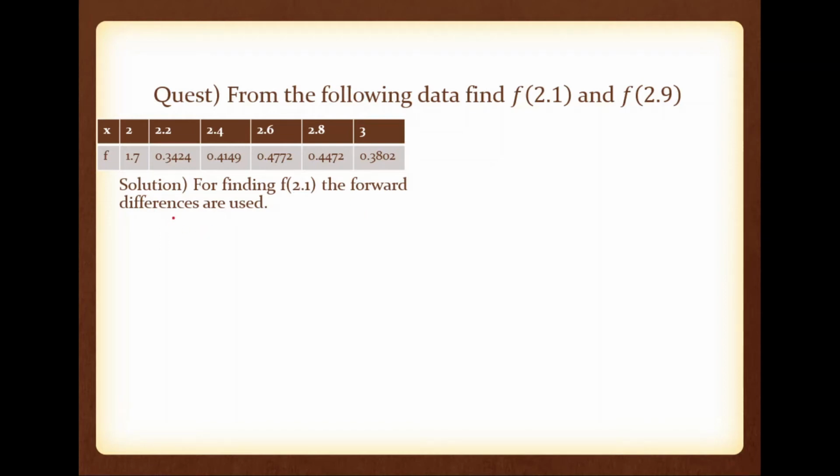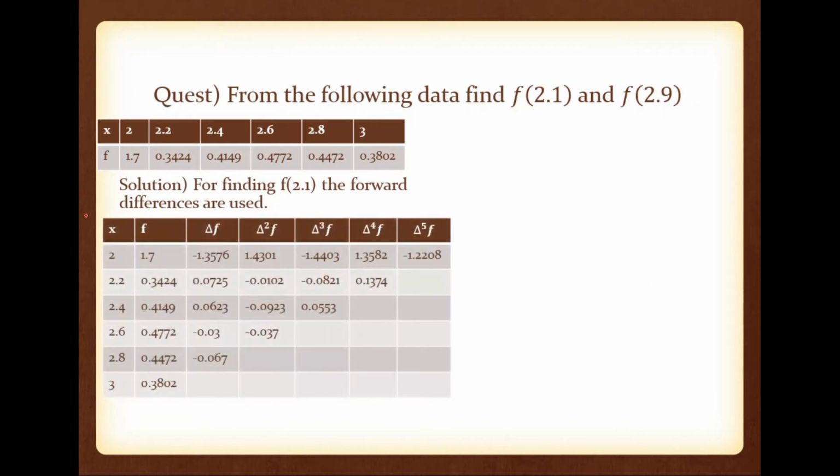So first we have to find the forward difference table. By using the given data, we have to find the forward difference table. So this is x: 1.7, 2.2, 2.4, 2.6, 2.8, 3, and f: 0.3424, 0.4149, 0.4772, 0.4472, 0.3802.